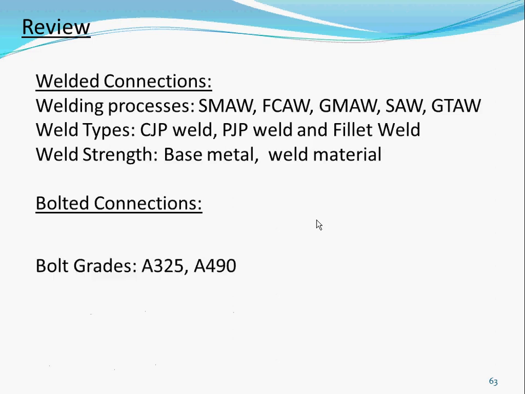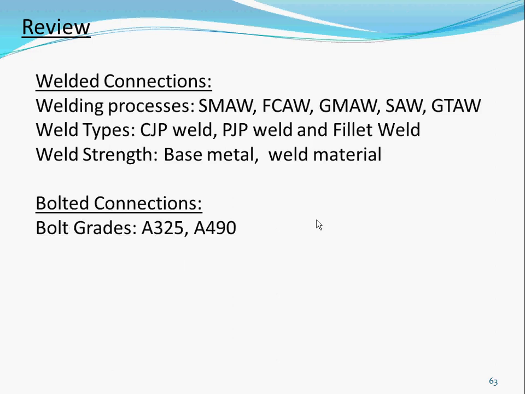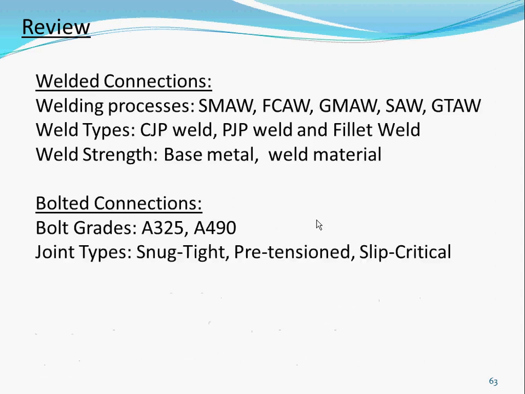For the bolted connections, we have 2 grades: the A325 and A490, or their equivalent twist-off bolt types. You have the snug type, pretension, and the slip critical. So now you know the difference between slip critical and pretension. Essentially, slip critical is pretension with some surface preparation.